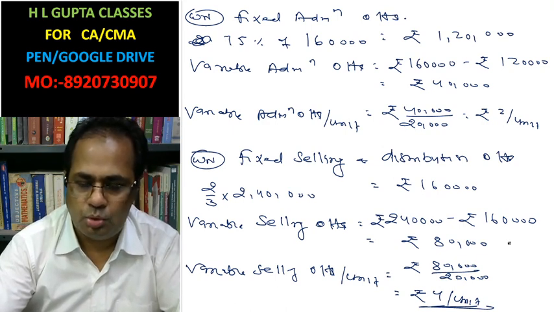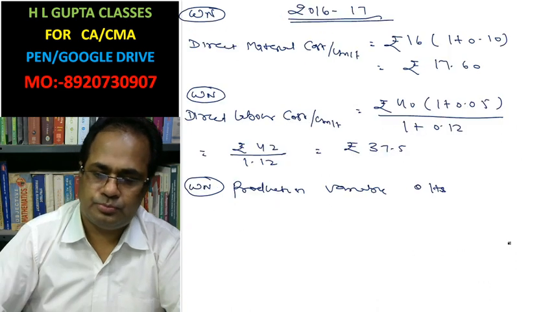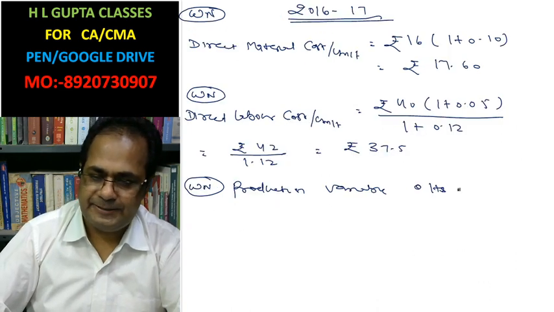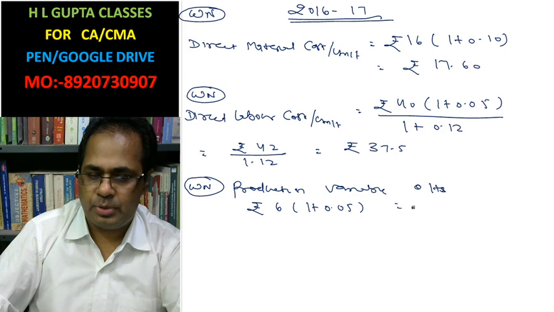Administrative 2 and selling 4. This is rupees 6, increased by 5%, so 6.30.